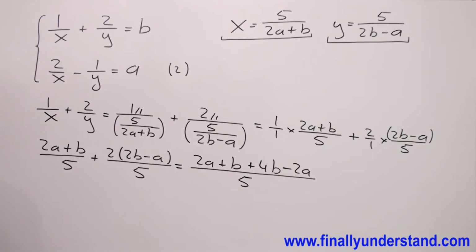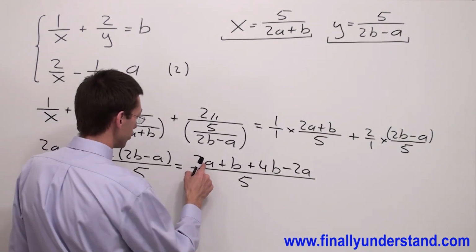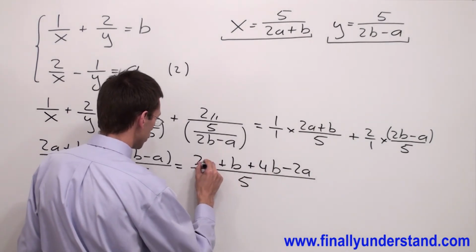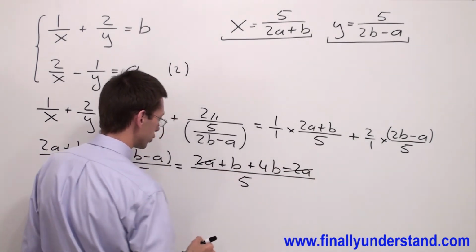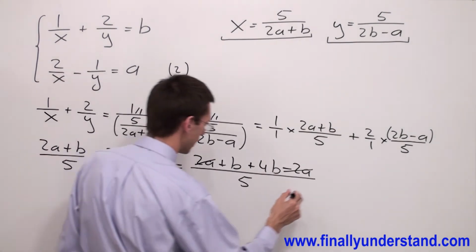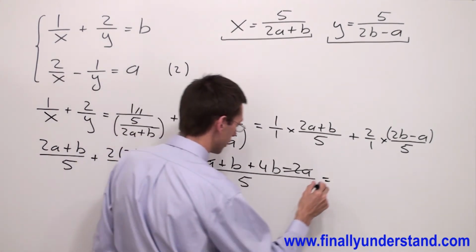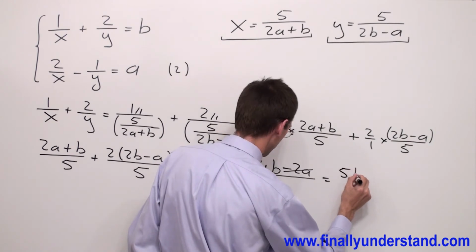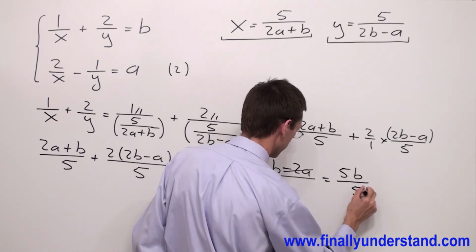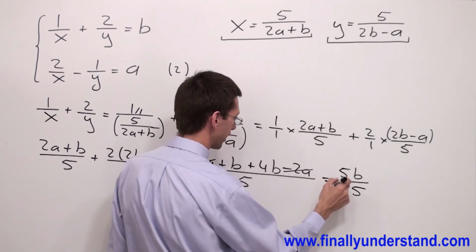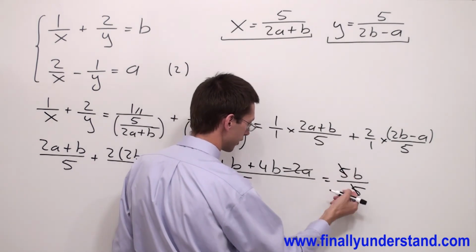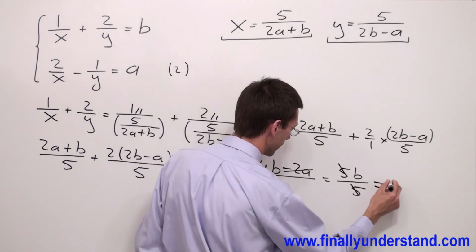Next, we're supposed to combine the like terms. We have 2a and negative 2a. These two terms are going to subtract each other. And I have b plus 4b equal to 5b over 5. So 5 and 5 will cancel out because 5 divided by 5 is equal to 1, and I end up with b.